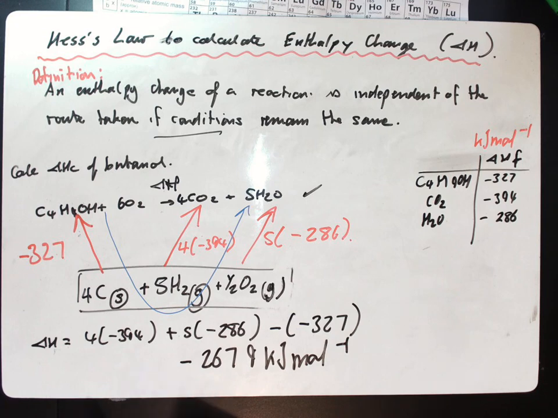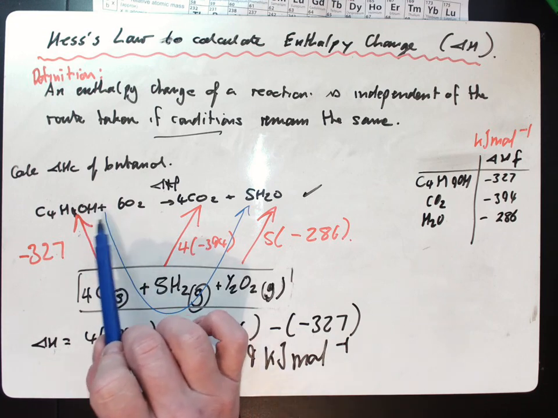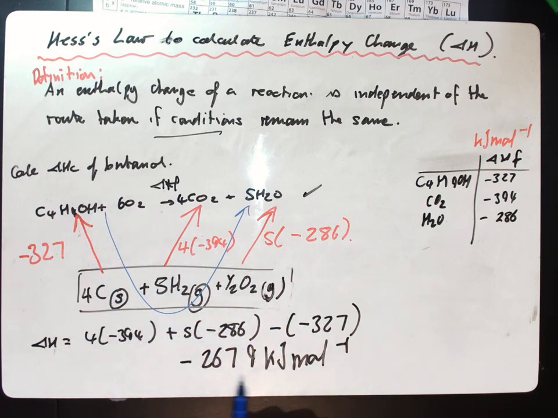And I asked myself, well, does that seem sensible? Yeah, well, I'm burning an alcohol here, so I would expect to get an exothermic, and really quite an exothermic reaction. Okay, so there you go.